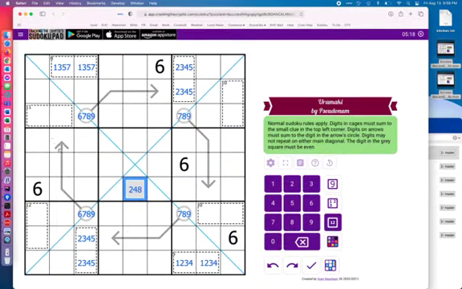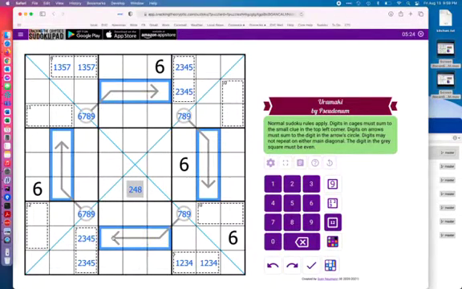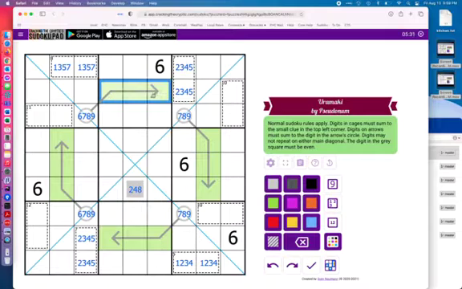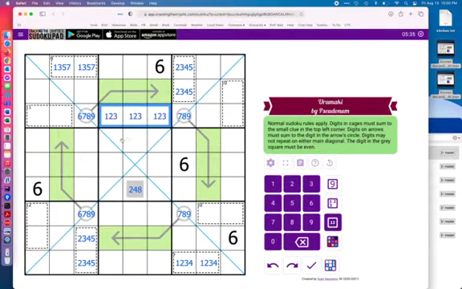Now, the thing I noticed right away is the way these arrows are laid out. And I wondered if it's possible. So 6 is always going to be 1, 2, 3. 7 is always going to be 1, 2, 4. 8 could be 1, 2, 5, or it could be 1, 3, 4.